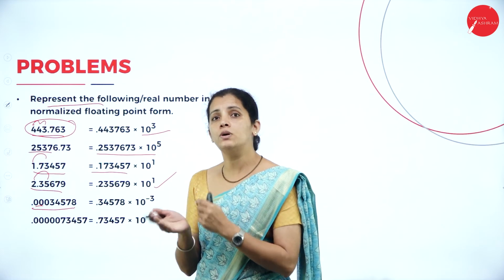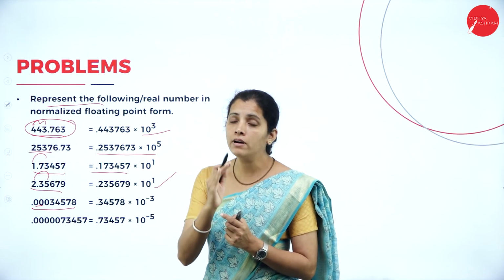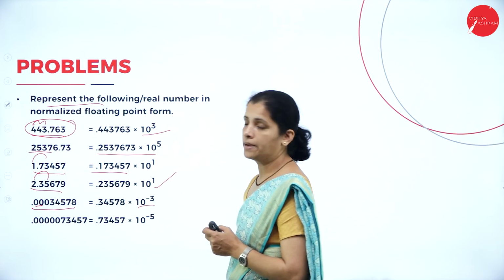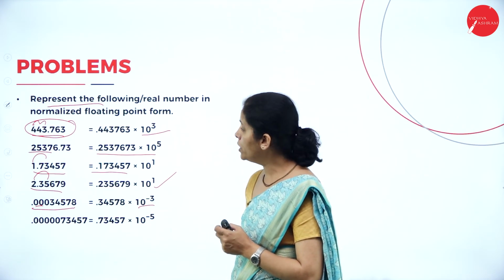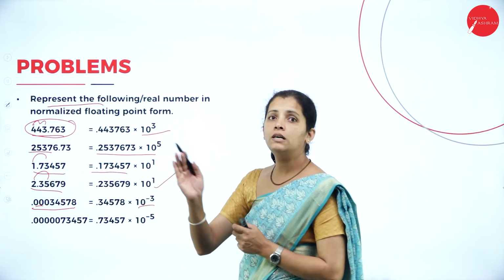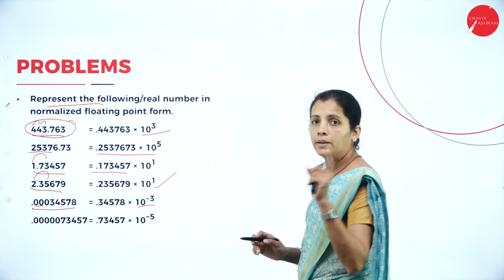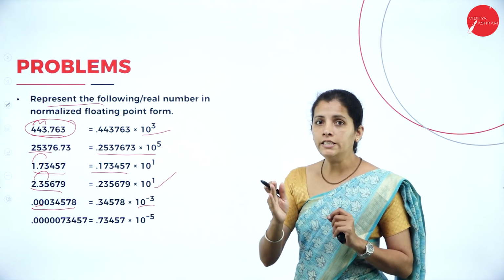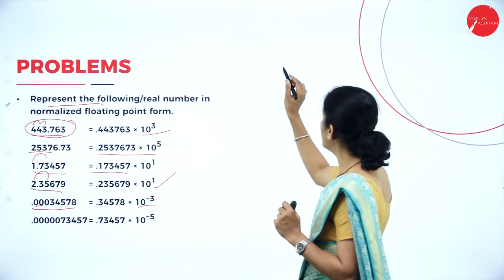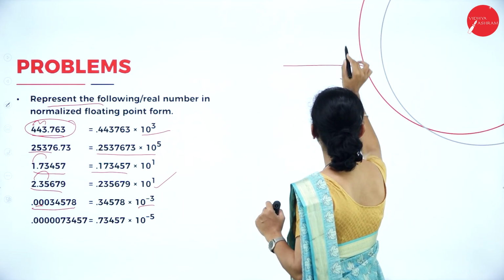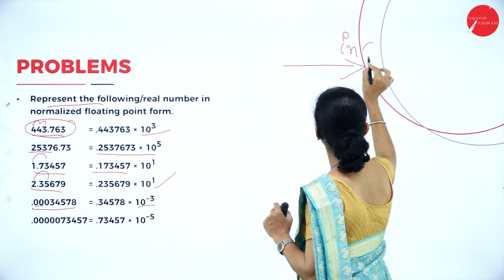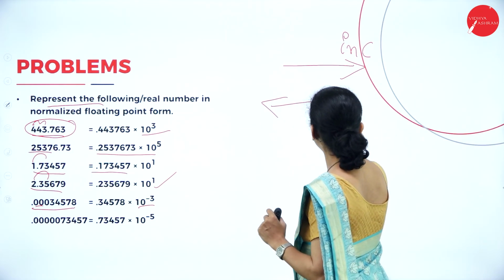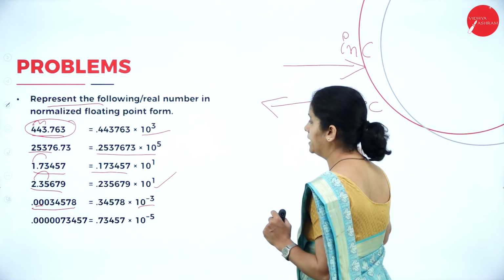When I shift towards left, what is my power? It is minus. So minus 3. That is nothing but I'm going to shift towards left. So remember, when I shift the digit towards right, then power is going to increment. When I shift towards left, then power is going to decrement.